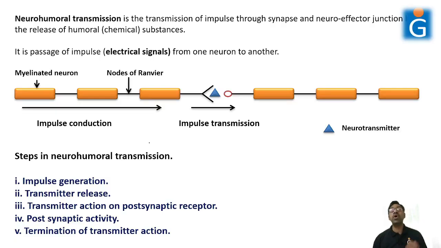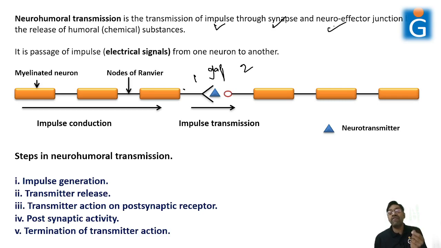So let us see the exact definition of neurohumoral transmission. It is a transmission of impulses through a synapse or neuroeffector junction with the help of chemical substances called humoral substances. If this is one neuron and this is a second neuron, the gap present between the two neurons is called the synapse.